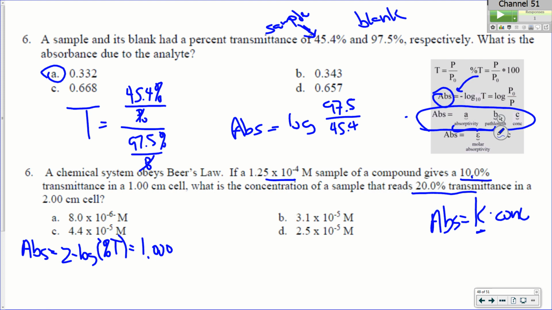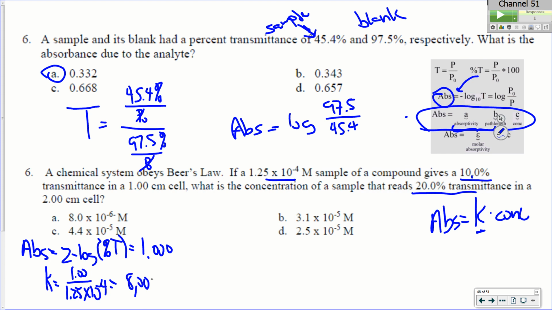And now I'm going to solve for K. K is going to be equal to the absorbance divided by the concentration, so 1.25 times 10 to the minus 4th. So it's just going to be the inverse of that. And I get 8,000 as my value for K.